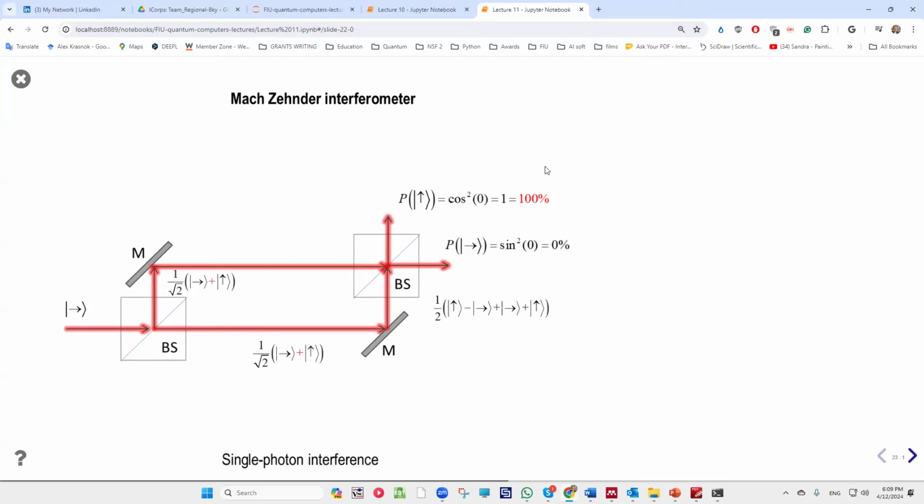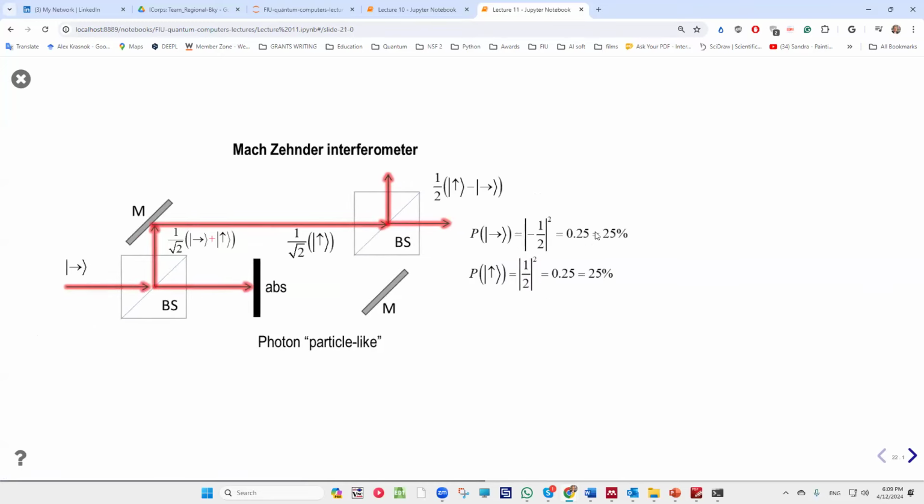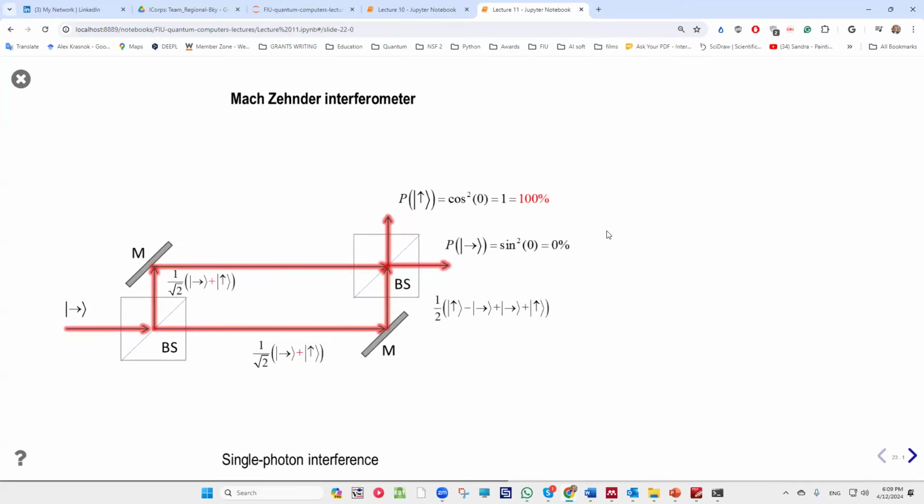Like for example, in this case, 100% of photons go in the vertical direction. Comparing to this one, where the probability is fixed to 25% of the photons, here 100% of photons go up.